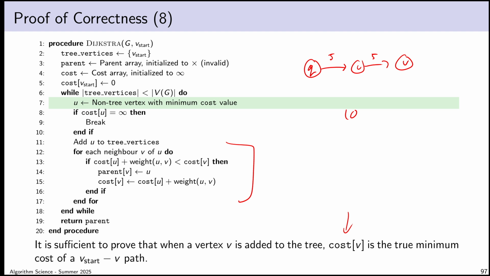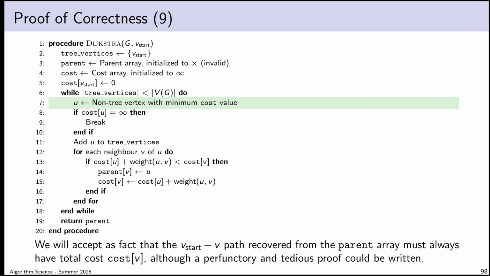As long as that's the case, and I think it's pretty easy to argue that it is, the algorithm is legitimately using the costs of real paths to set the cost values in the array. Then cost of V will never go down once it's hit its minimum value, obviously, because it can only go down if you find a lower cost path, and the algorithm can't find a lower cost path than the minimum cost path.